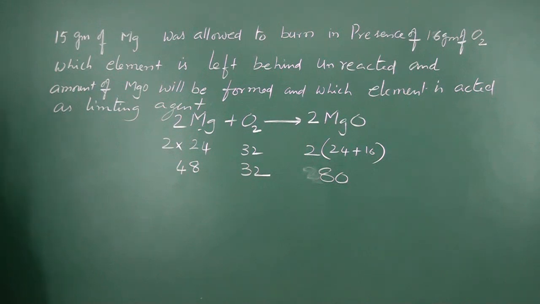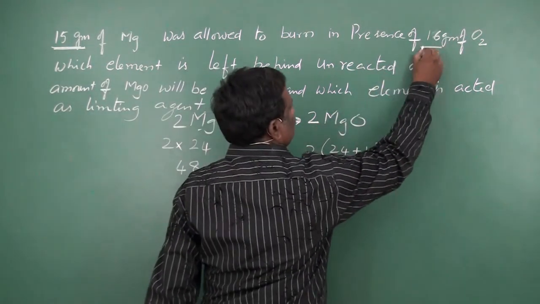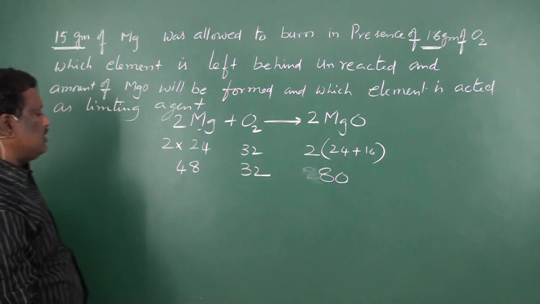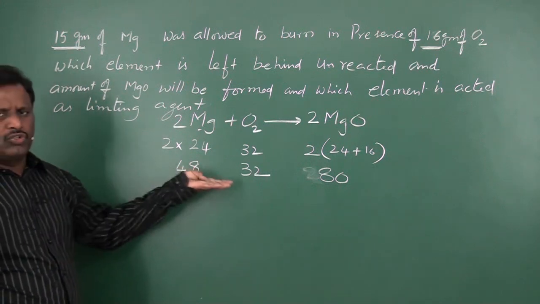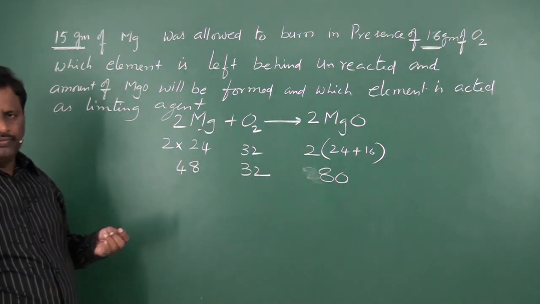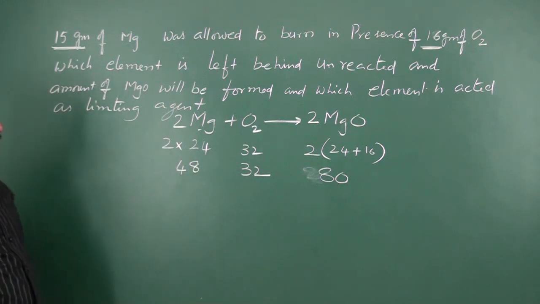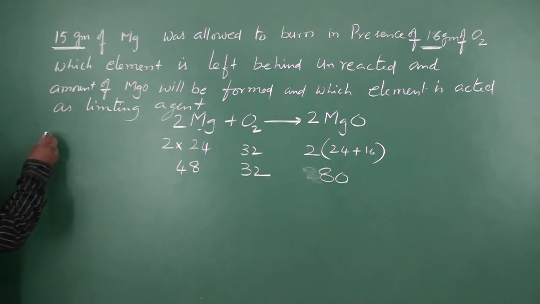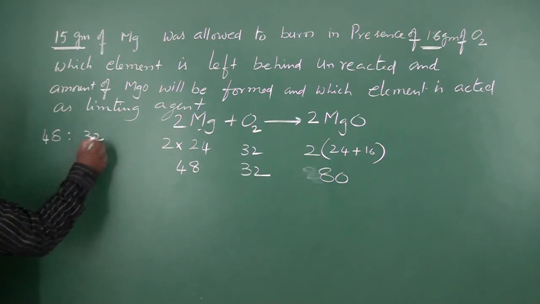Now, what are the things that we have? 15 grams of Mg and 16 grams of O2. In sulfur and oxygen, it was easy for us to see 32 and 32. But here it is 48 and 32. So, in such cases, what do you have to do? 48 is to 32.